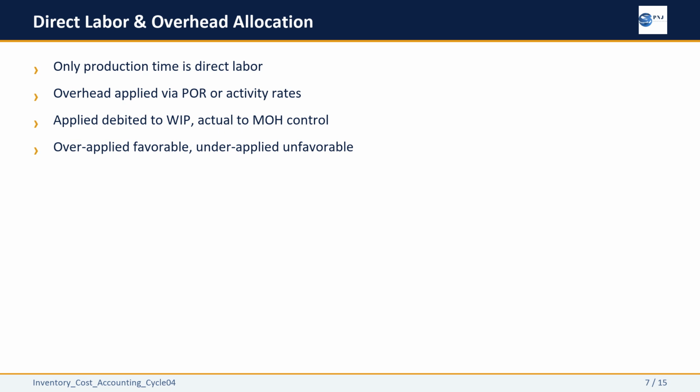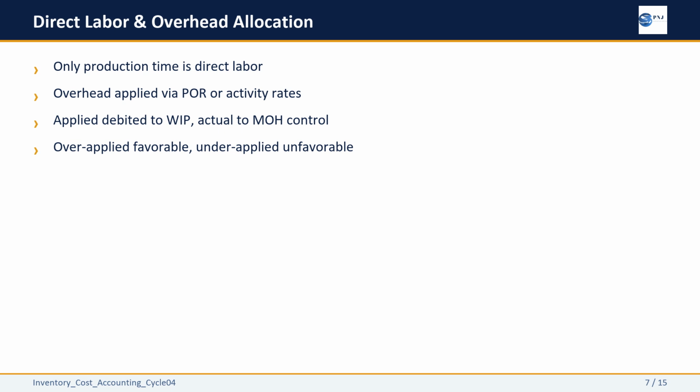Second, it is applied to WIP using the predetermined overhead rate or activity rates. The applied overhead is debited to WIP, while actual overhead as incurred goes to the manufacturing overhead control account. At period end, the gap between applied and actual is the overhead variance.